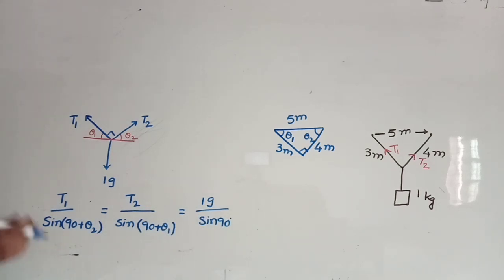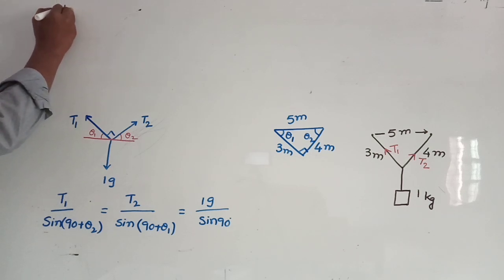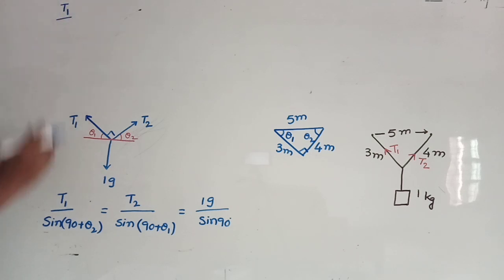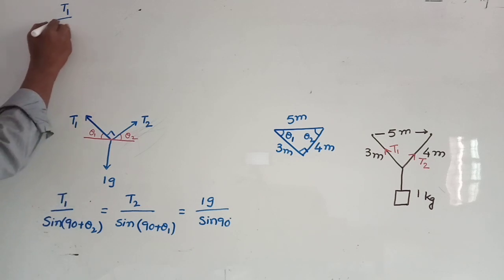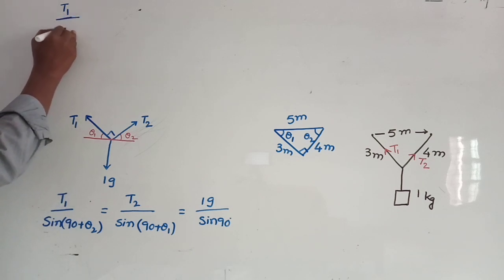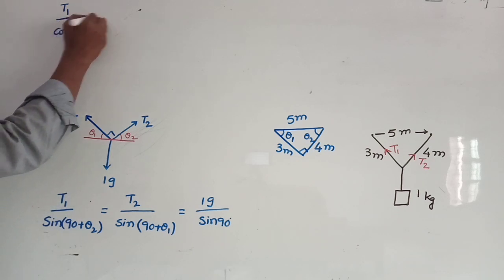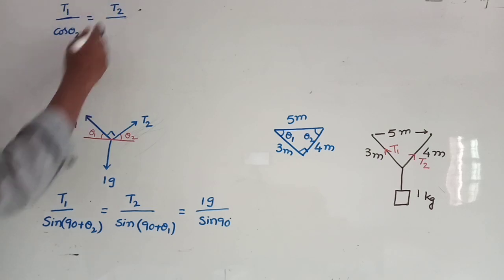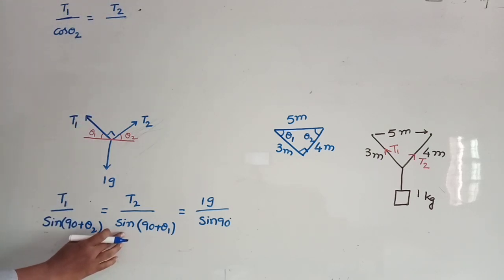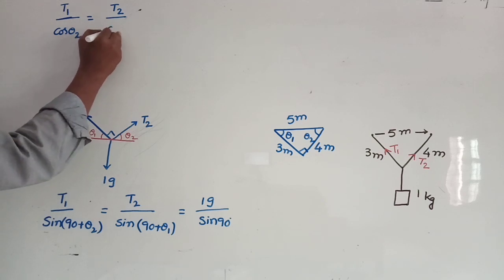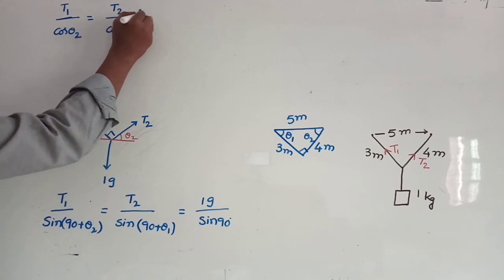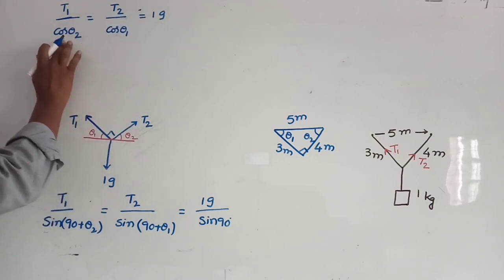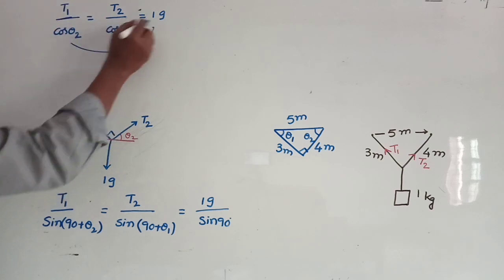From this we can write T1 divided by sin(90 plus theta 2), which is cos theta 2, is equal to T2 divided by sin(90 plus theta 1), which is cos theta 1, is equal to 1 into g. Equate these two and next equate these two.